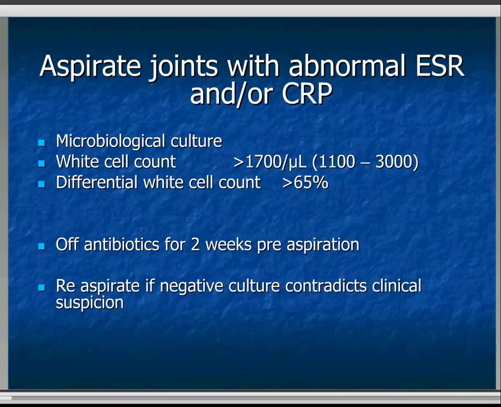Anything that creates immune deficiency, diabetes, rheumatoid arthritis, etc., etc. So you stratify your investigations. They recommend that ESR and CRP, both of them, should be the starting point of investigation because of the very high positive likelihood ratio.